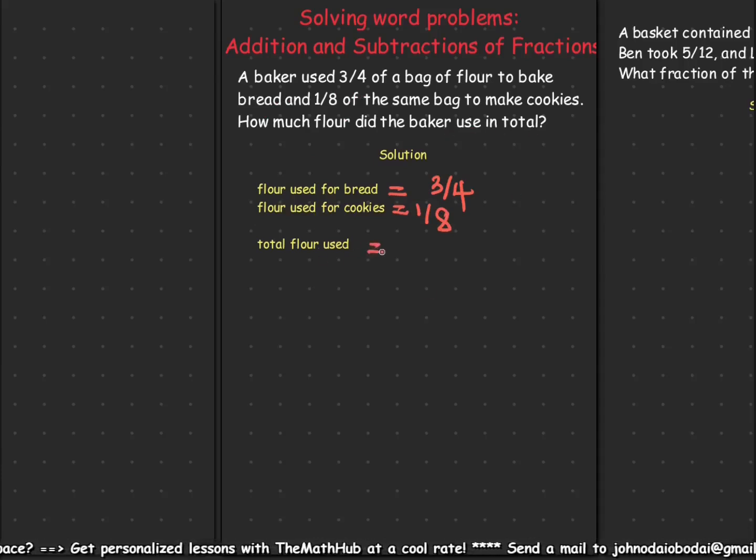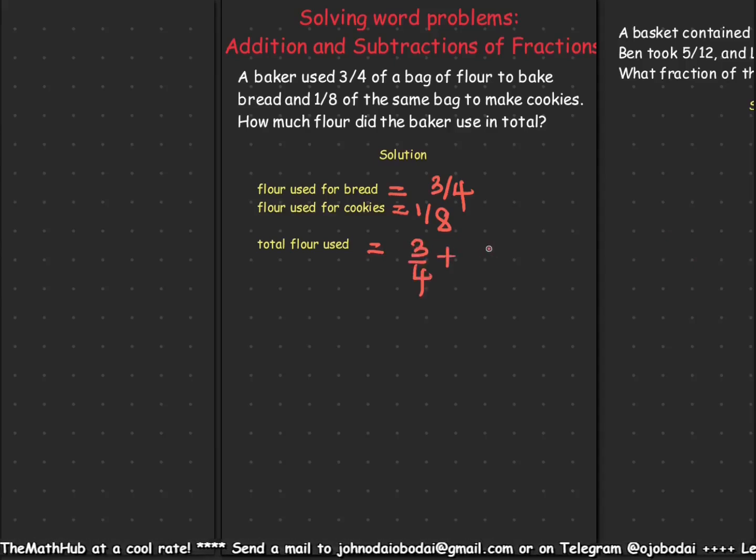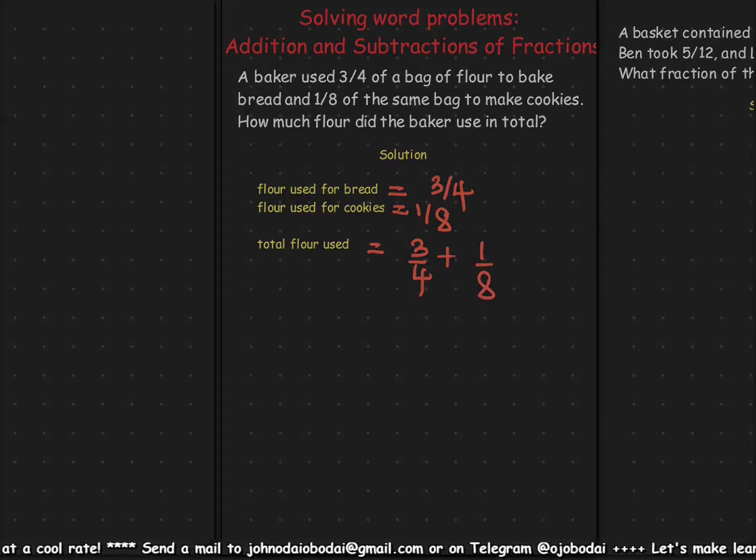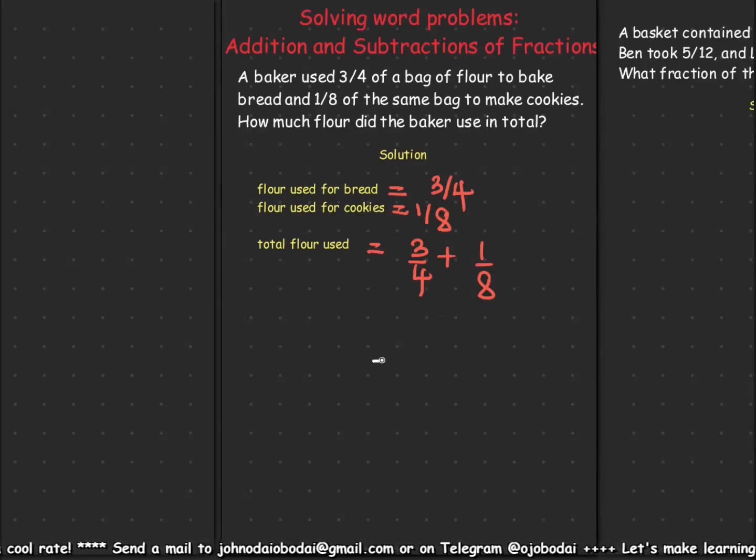The total flour used is going to be the flour used for bread plus the flour that was used for what? The cookies. That is 3/4 plus 1/8. And as you can see, this is a straightforward addition question. So if you are adding, we look for our LCM.